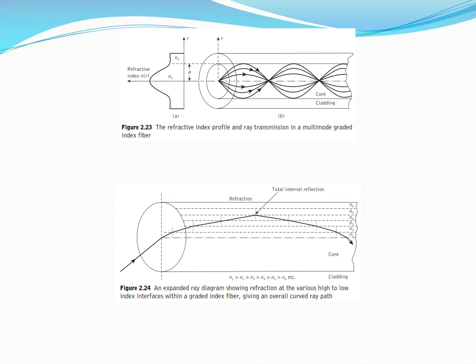Here we can see the path traced by the optical ray due to the change in refractive index. At each point in the fiber core, the refractive index is slightly different by a small value, so that n1 is greater than n2, greater than n3, and so on.